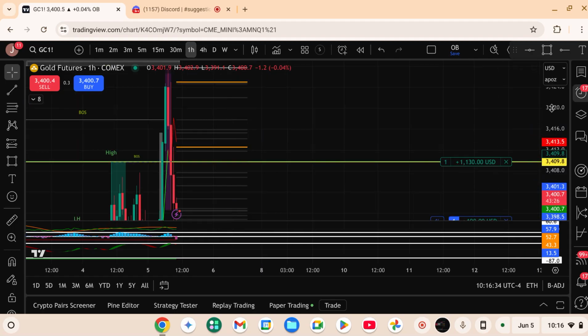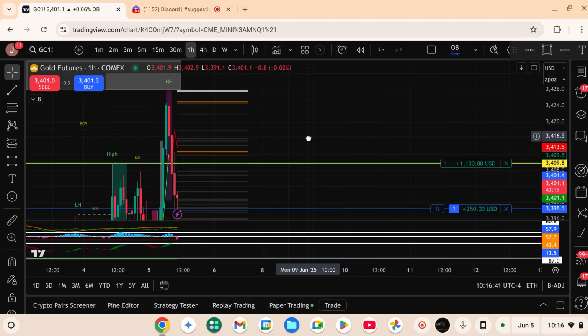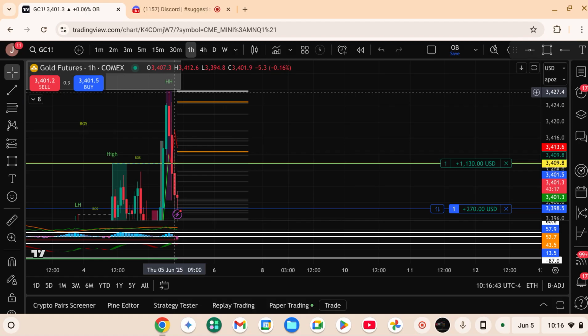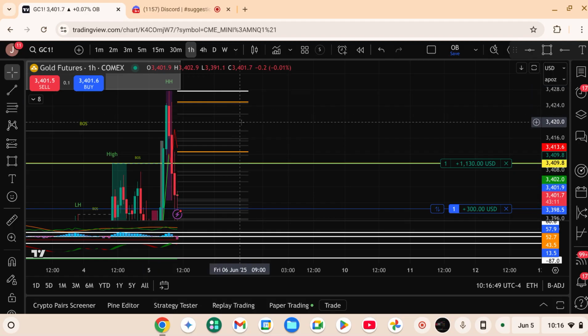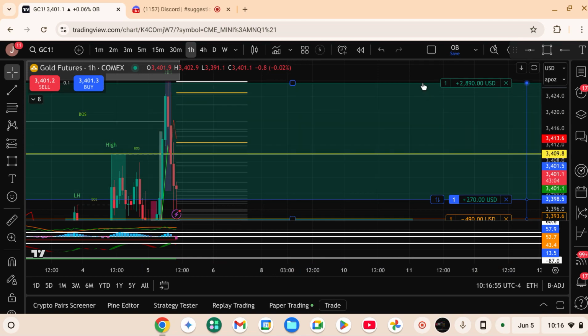So I think price is gonna blow through here and target this high right here. How much would that be? It's almost 3,000 off of one contract.